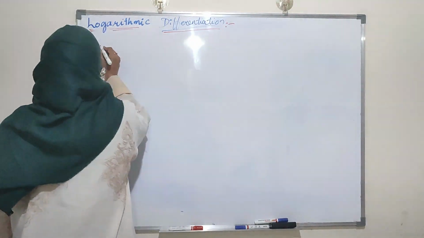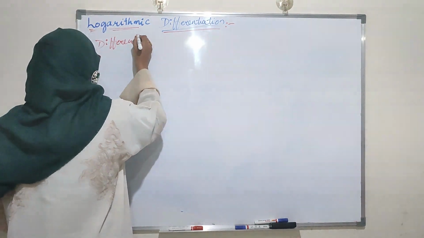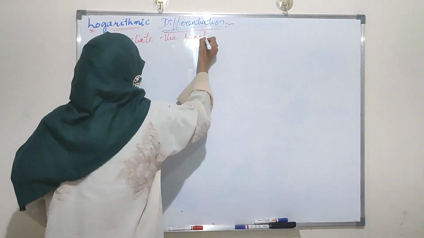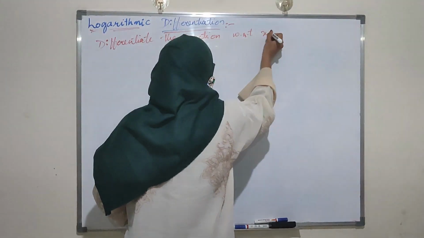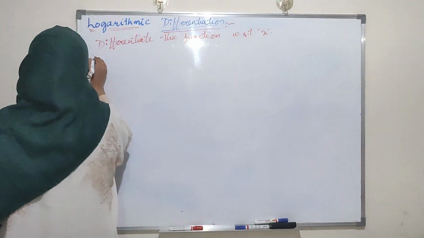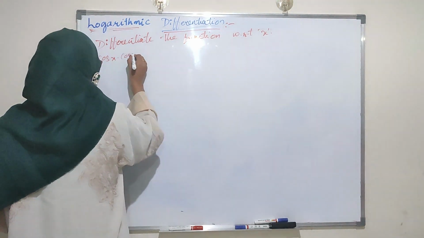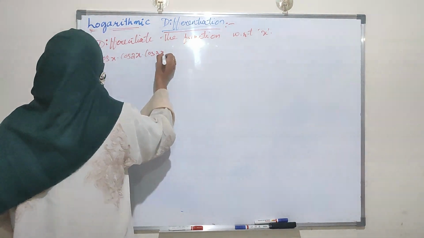Differentiate the function with respect to x. The first question is cos x into cos 2x into cos 3x.